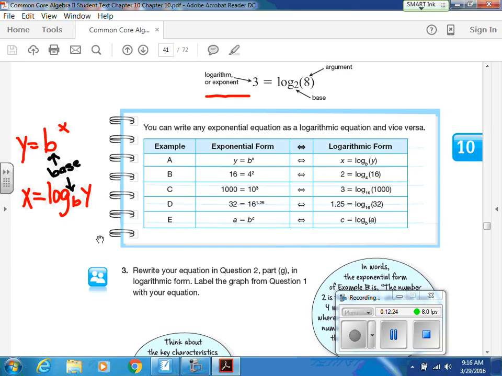Alright, we're going to try to rewrite some for just a second. Let's rewrite some.